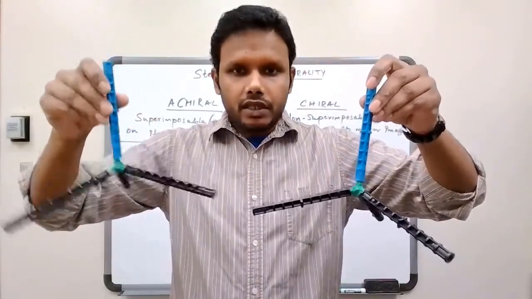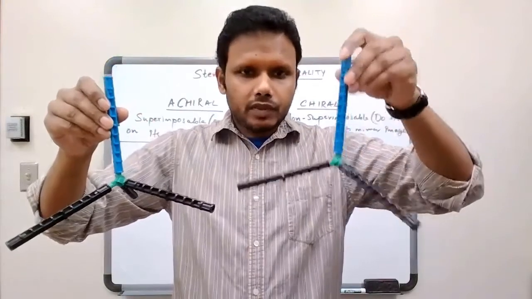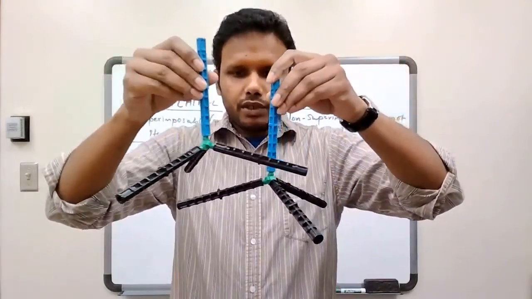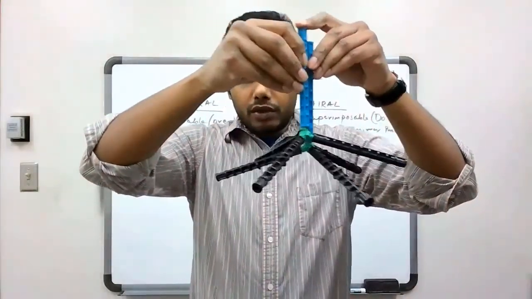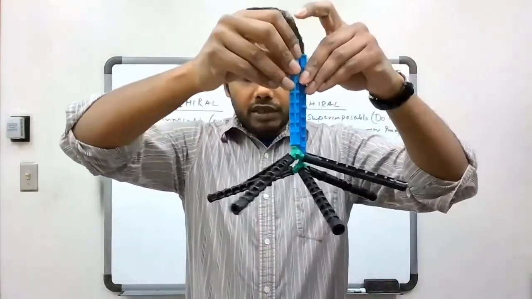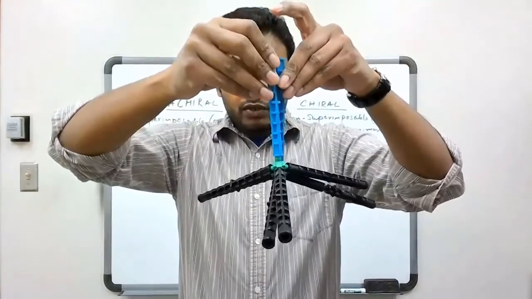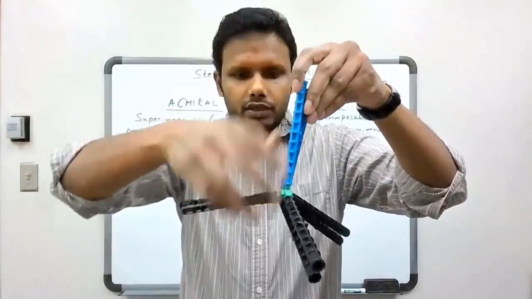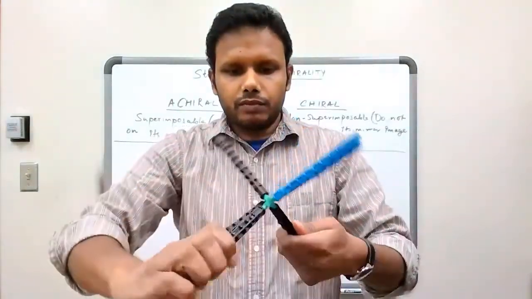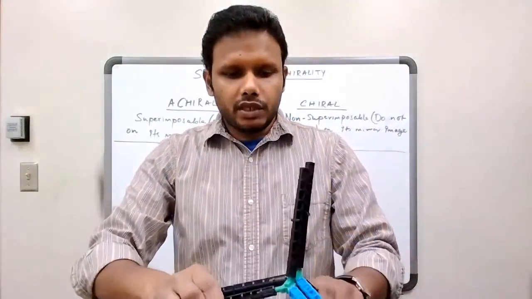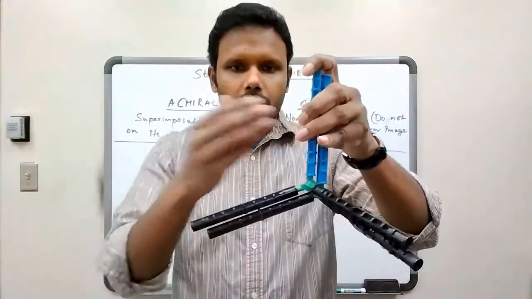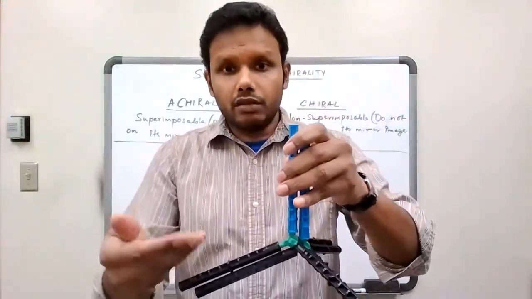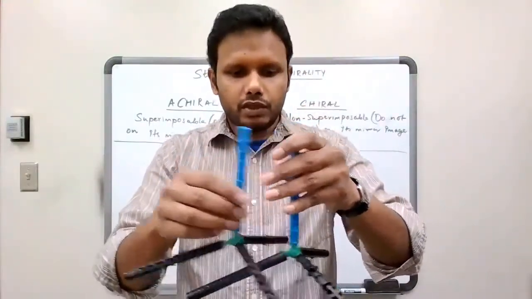Now, if I take the mirror image and I try to bring it closer to the molecule, the object itself, they do not superimpose, but I can rotate, and what I notice is that now they are superimposable, okay? All the groups can overlay with the groups on the object. All the groups in the mirror image, they overlay with the groups in the object.